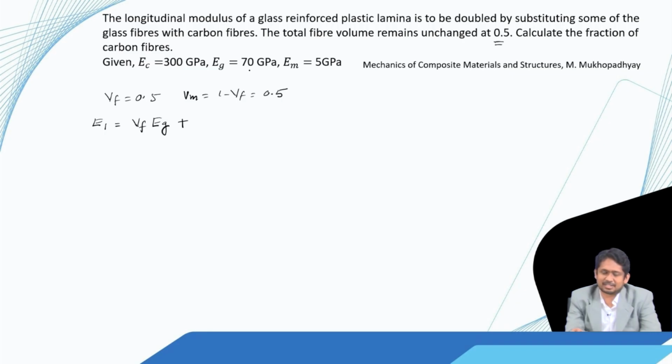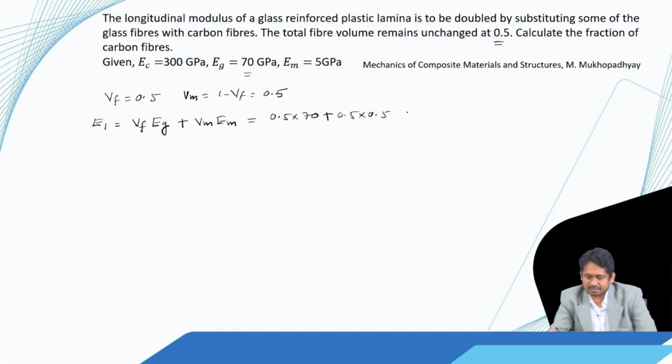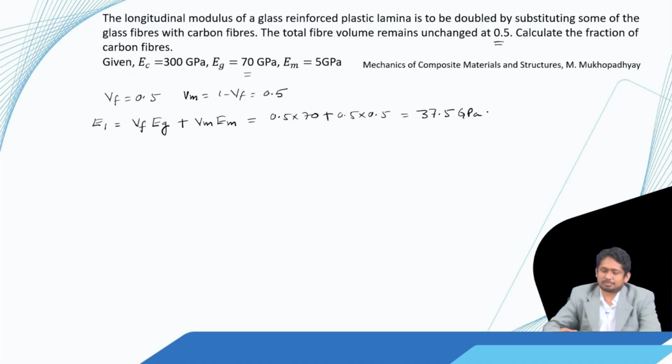Generally glass fibers have elastic modulus same in both the directions, and here anyway it is given for direction 1 only. So, if we put everything here we get 0.5 into 70 plus 0.5 into 5. So, the elastic modulus of this composite before adding carbon fiber was 37.5 GPa.